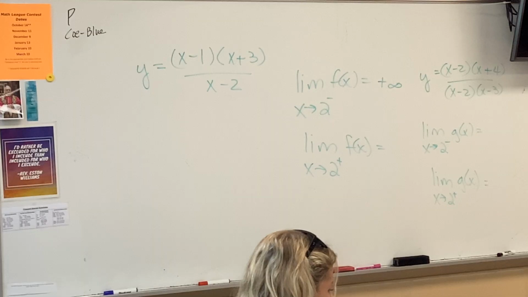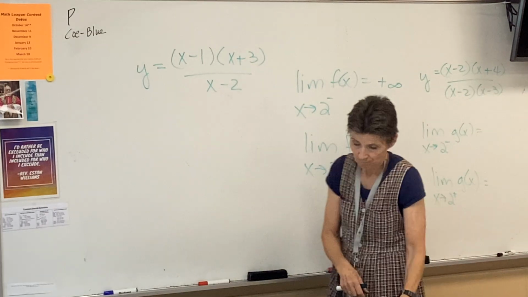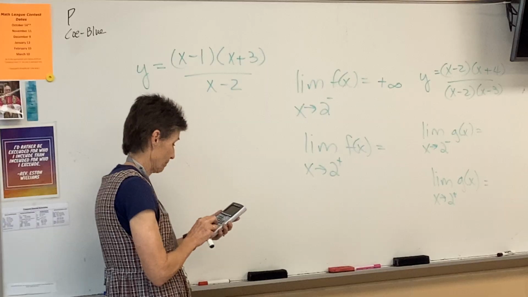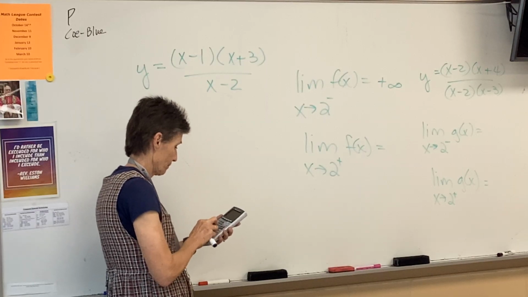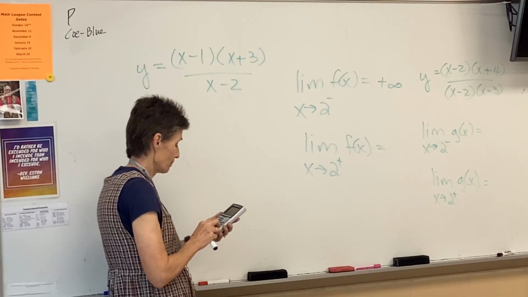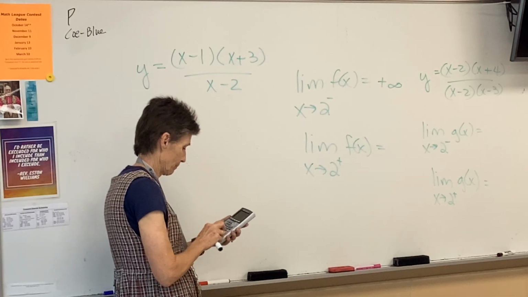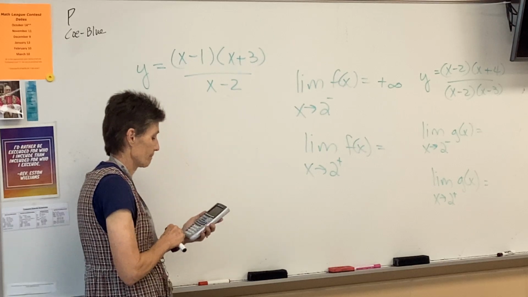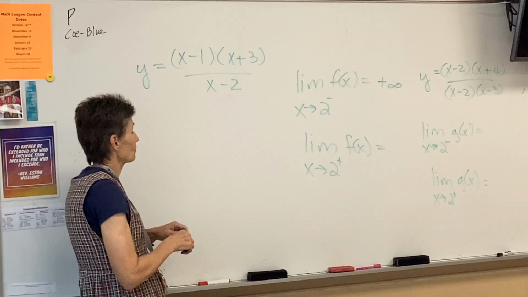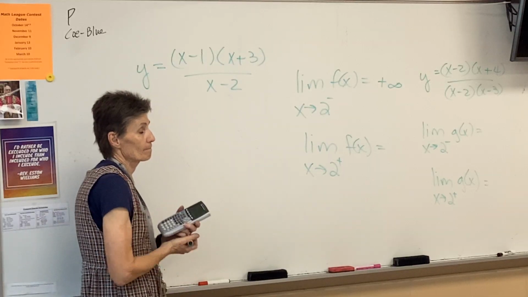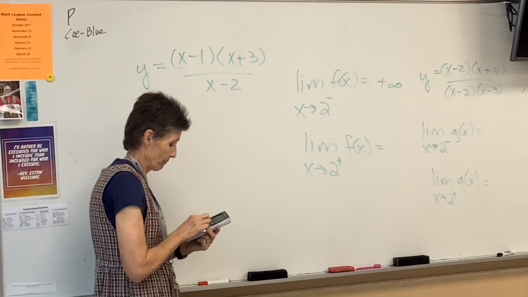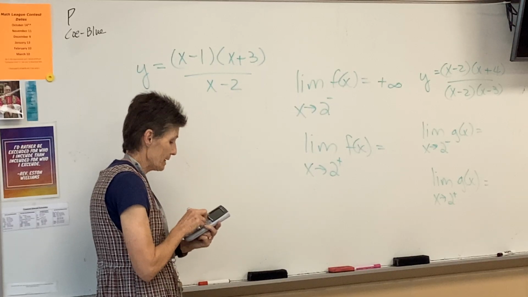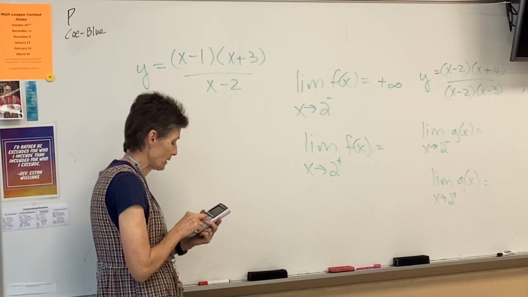You're going to see a vertical asymptote. If you don't see everything you need to see, make your window a little bit bigger.